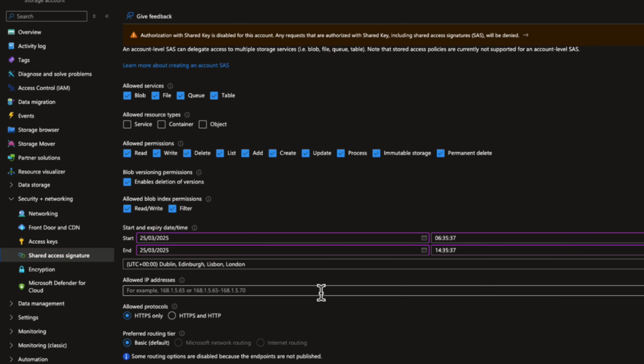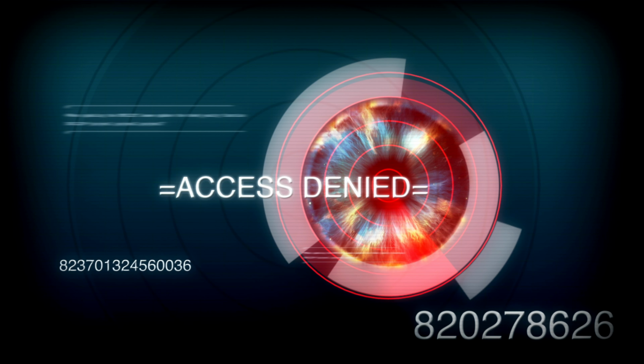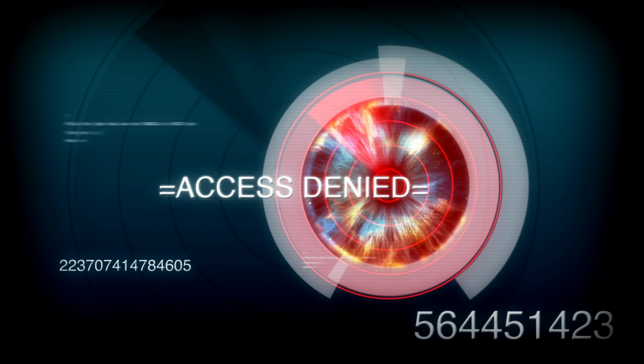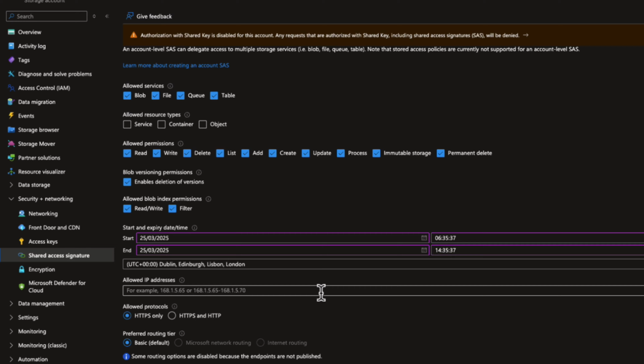Now that you have secured this data inside your storage account, let's make sure that only the right people have access to the data. How do we do that? Some of the recommendations from Microsoft is to use Microsoft Entra, erstwhile Azure AD, to authorize access to blob data, and follow the principle of least privilege. What does that mean? Only give access to those who absolutely need it, nothing more.